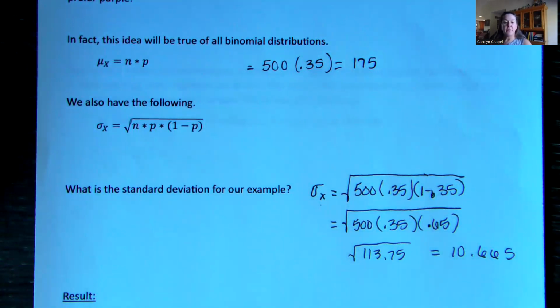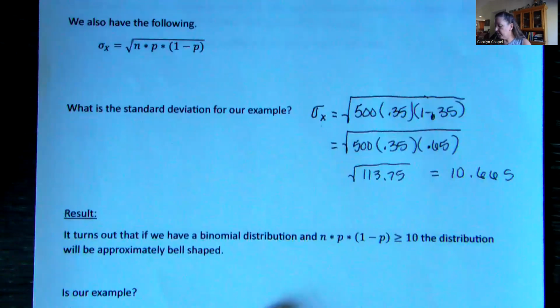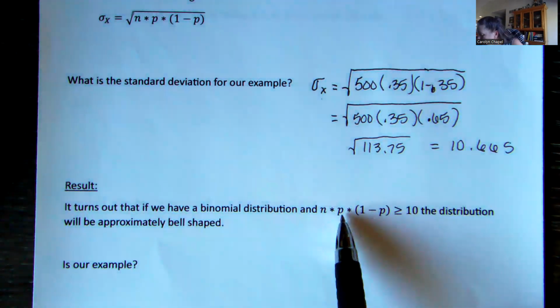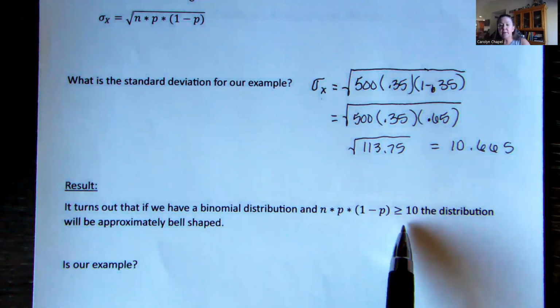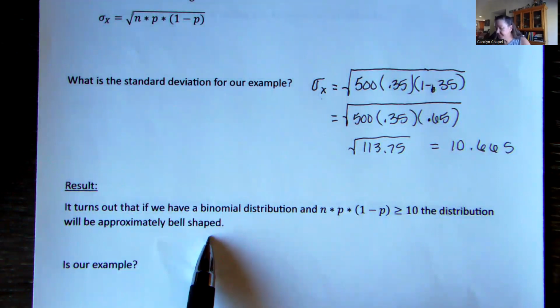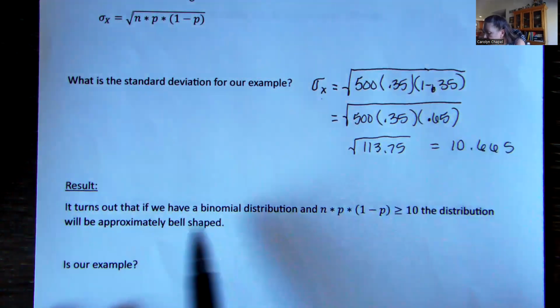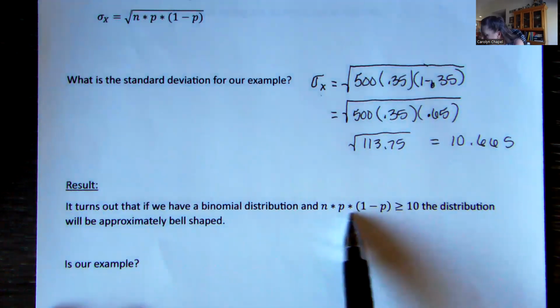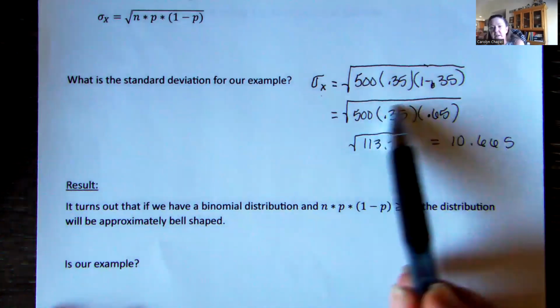We also have some really nice things that also happen. If we have a binomial and we look at this n times p times 1 minus p, if that's bigger than or equal to 10, the distribution is going to be approximately bell-shaped. Okay, is that true for our example? Well, if I look at n times p times 1 minus p, that was the part right underneath here.